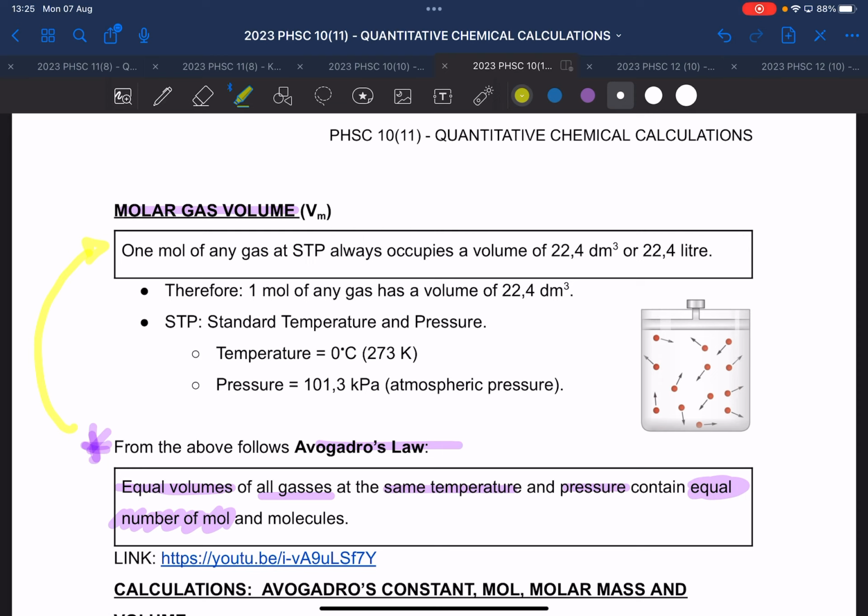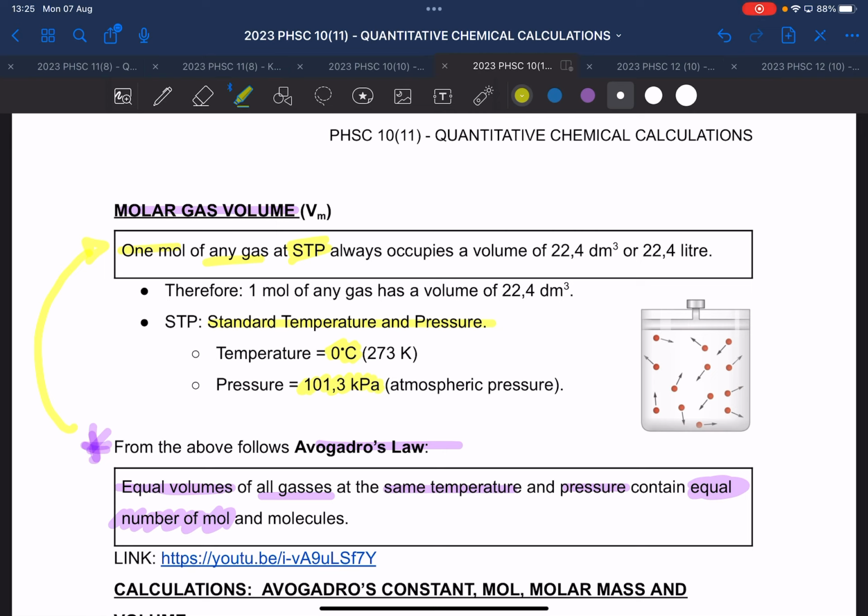It says if we have 1 mole, 6,02 times 10 to the power 23 particles, 1 mole of any gas at STP. Okay, now what in the world does STP stand for? STP stands for standard temperature and pressure. So we are equalizing, we make the playground level. Okay, but what is standard temperature? It's 0 degrees Celsius or 273 Kelvin and 101.3 kilopascal.